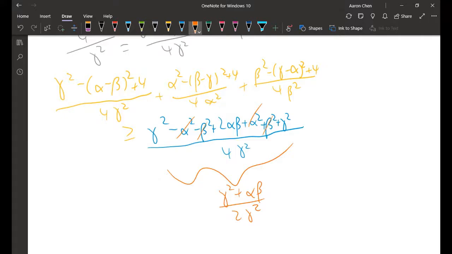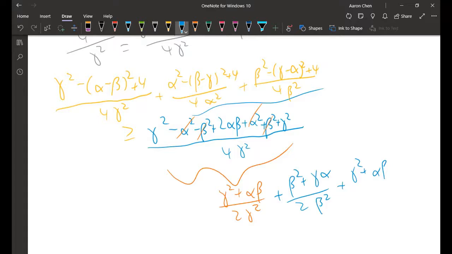Okay. And so the same will obviously hold true for the other 3 values. So plus beta squared plus gamma alpha over 2 beta squared plus gamma squared plus alpha beta over 2 gamma squared.